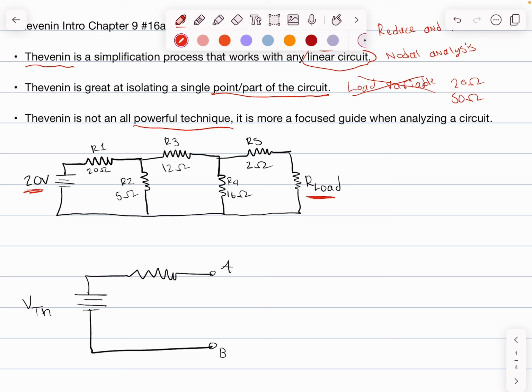The question was asking us to find the Thevenin equivalent circuit. So already on the bottom here, I drew what we should expect the Thevenin equivalent circuit to look like. V Thevenin for our one voltage source, R Thevenin for one resistor component. And in the Thevenin process, that is our main goal.